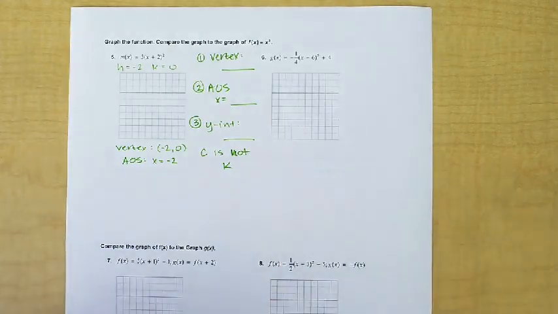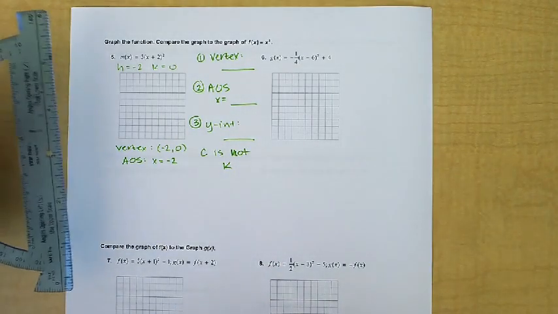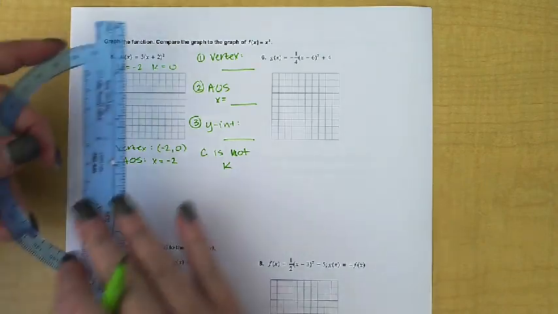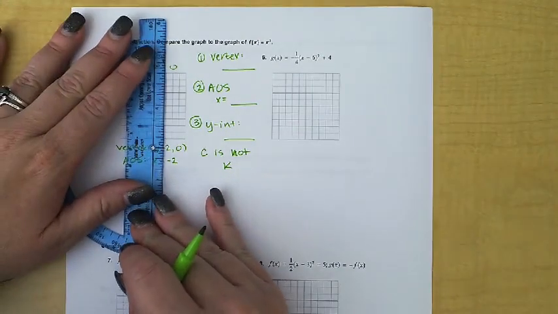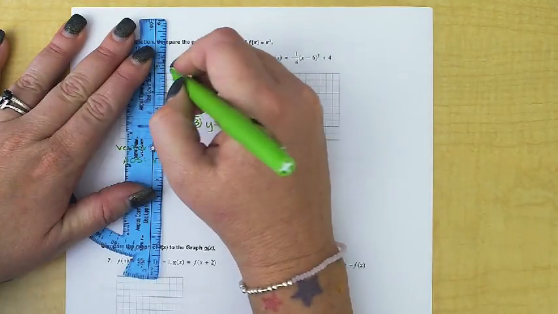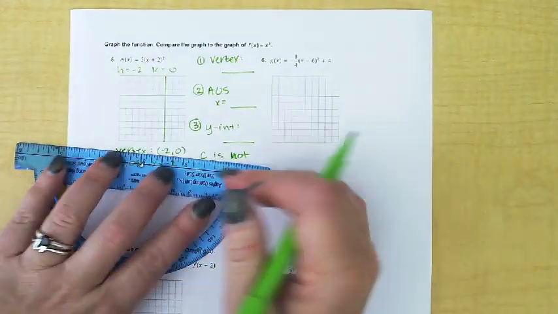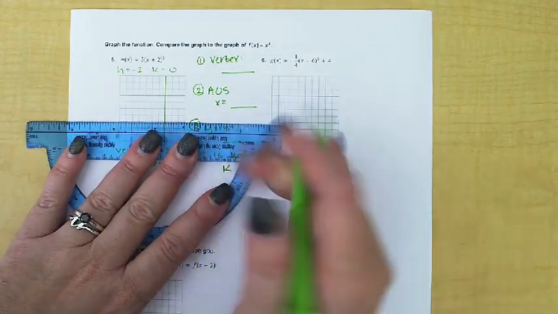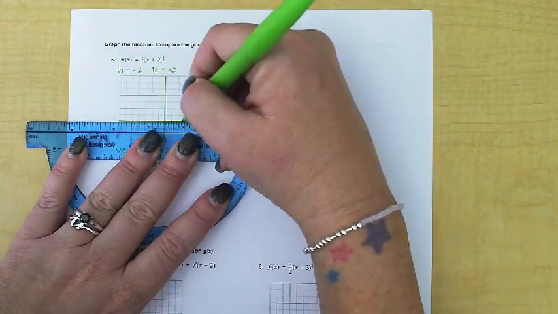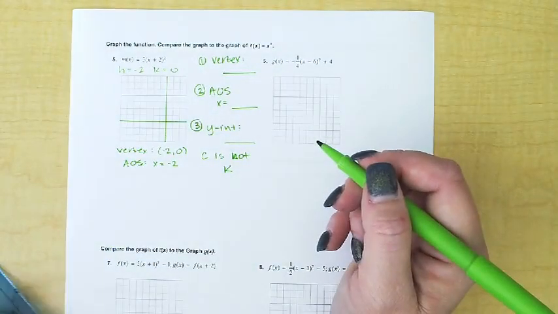So I'm going to go ahead and draw this. And because I know that my vertex and my axis of symmetry is on the left side of the graph, I'm going to make my y-axis about right here. And I'm going to make my x-axis a little lower too, so that I have room to make my graph.